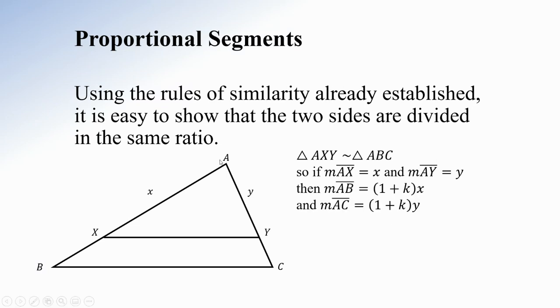So then the side length AB is 1 plus k times x, and side length AC is 1 plus k times y. If you distribute that x, you get x plus kx. So this is x, and this little bit here must be kx. Similarly, if this is y, then this little bit here must be k times y.